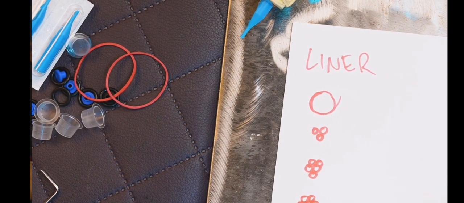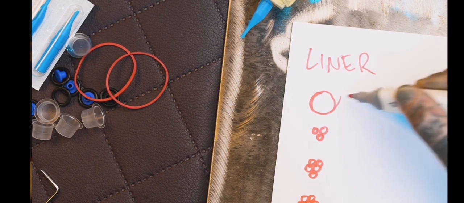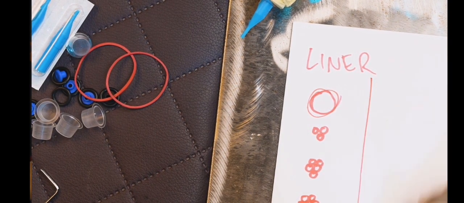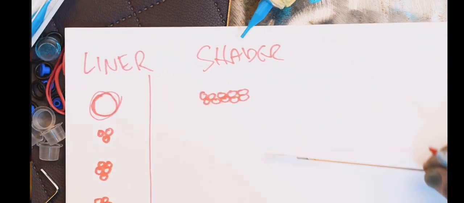And the big difference: we have the liner, and then we have the shader, it's called. And the shaders are usually white. Just to show you a little bit extravagantly, I will open 2 of them now, so you can actually see.